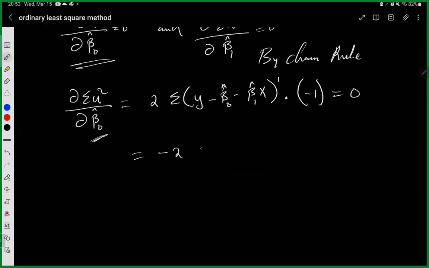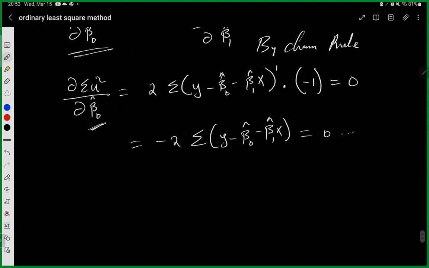So we have 2 summation open bracket y minus beta naught hat minus beta 1 hat x, to the power 1, and still equate it to 0. This here is what we call a normal equation. I'll call it normal equation 1.